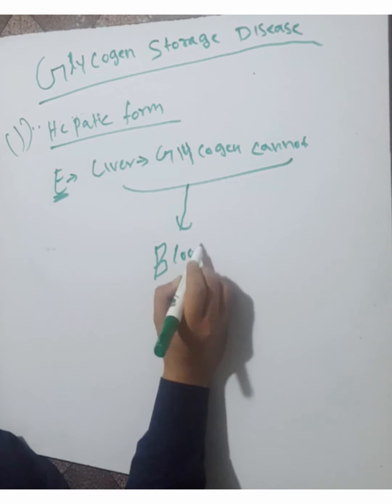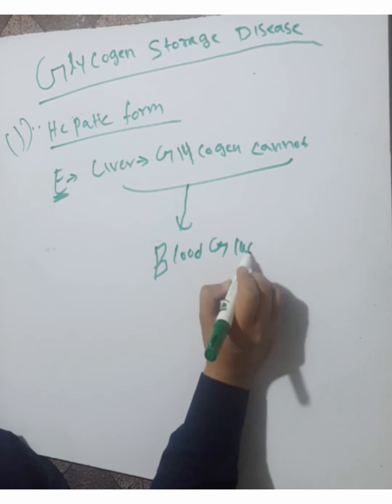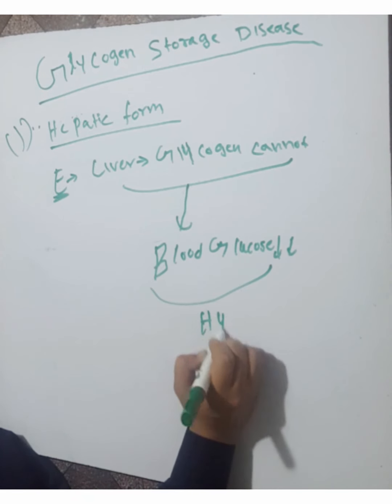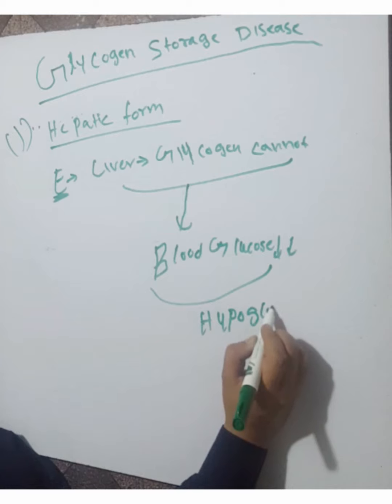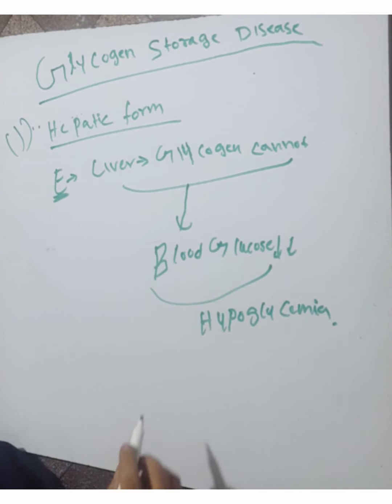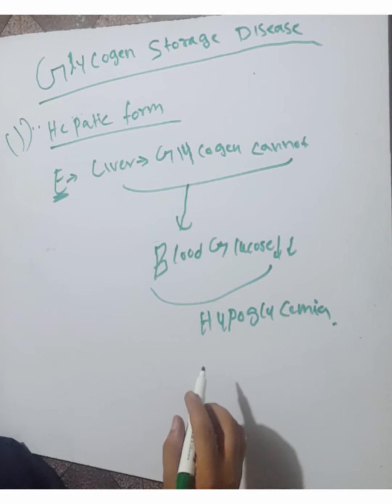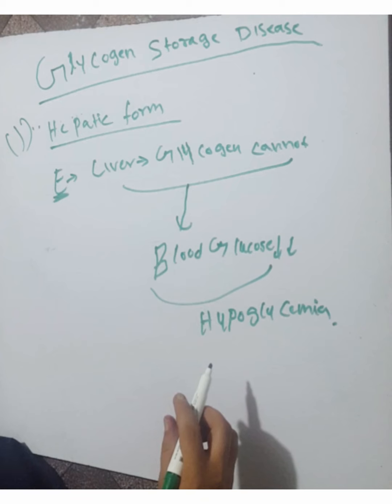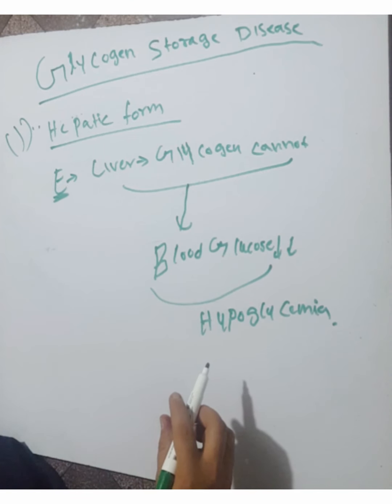This is called hypoglycemia. Hypoglycemia occurs because there is no enzyme to convert glucose into glycogen.